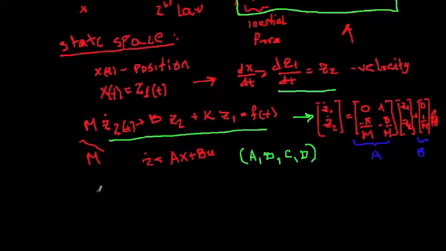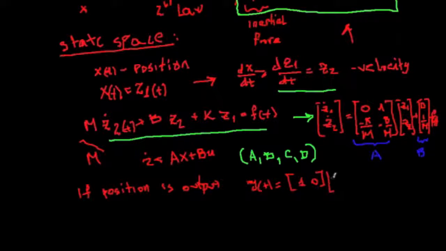In this case, if, let's say, position is the desired output, we have that y of t is equal to [1, 0] times z1, z2, plus 0 times f of t.